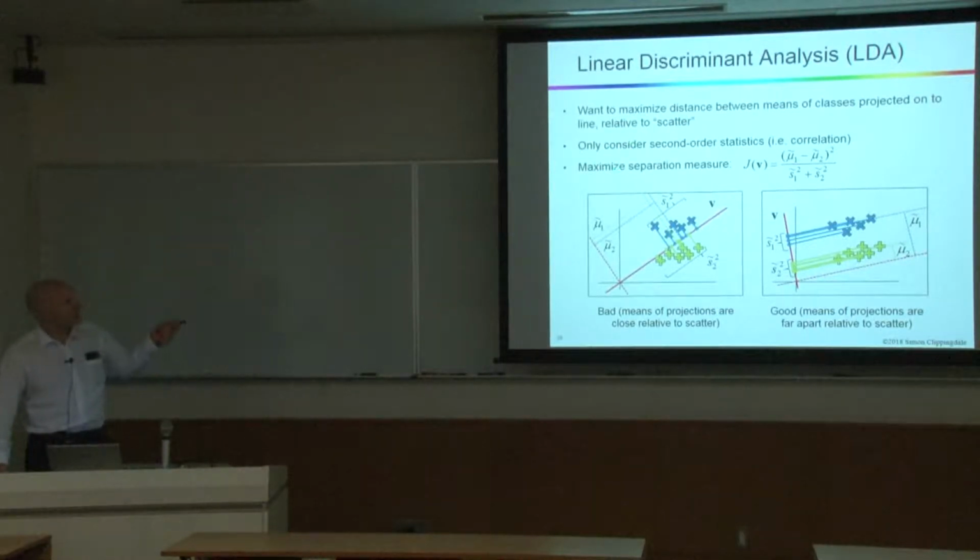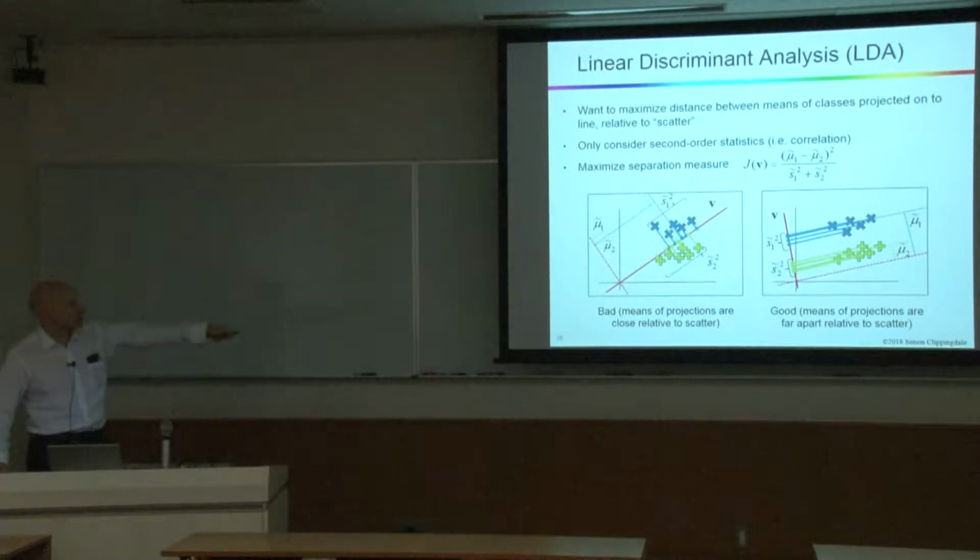So we only consider second order statistics, which is correlations, and the thing we are going to try and maximize is this thing here, which is the ratio of, this is the projected mean of class number 1, and this is the projected mean of class number 2.